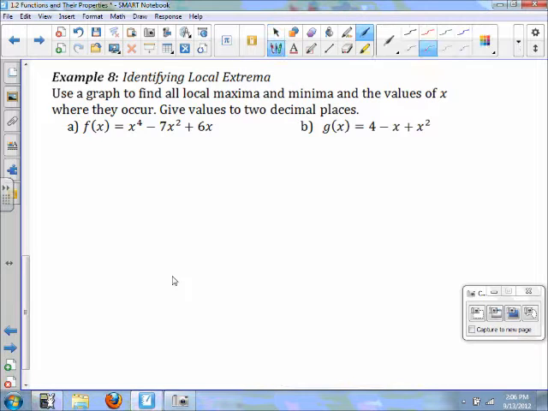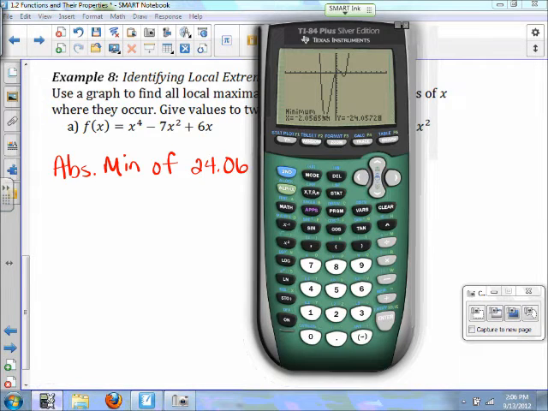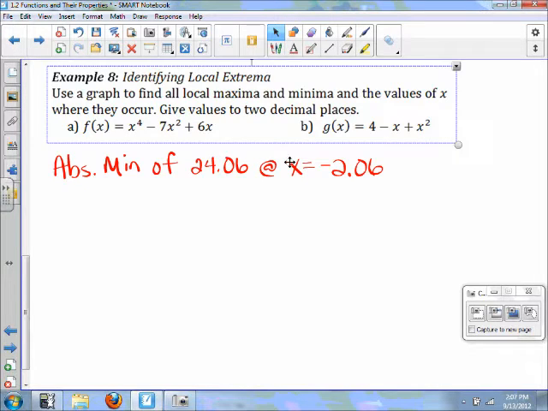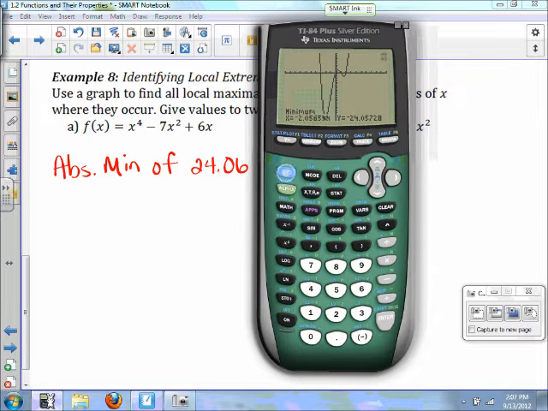So we'd say absolute minimum of negative 24.06 at x equals negative 2.06. So there's your first absolute minimum. Now the second one, we want to find the relative maximum.